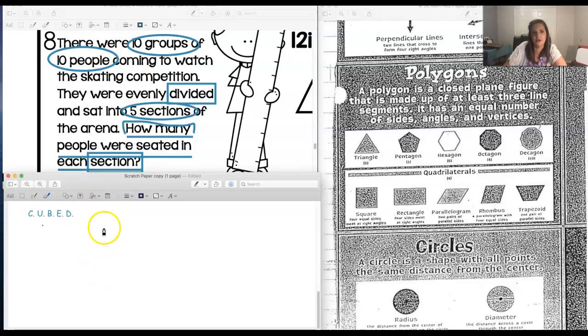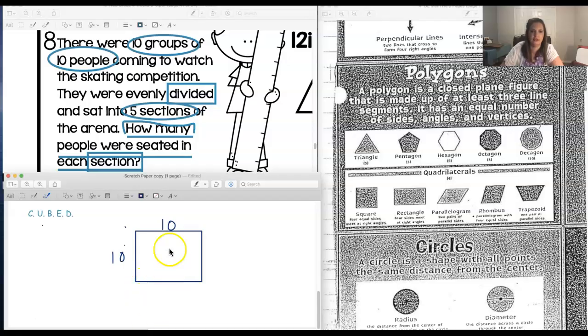If there were 10 groups of people, so here's my picture. I have 10 groups of 10 people, and I need to know how much altogether. So I'm going to do an area model. What is 10 times 10? I see 2 zeros, right? And then 1 times 1, which equals 1. There's 100 total people.